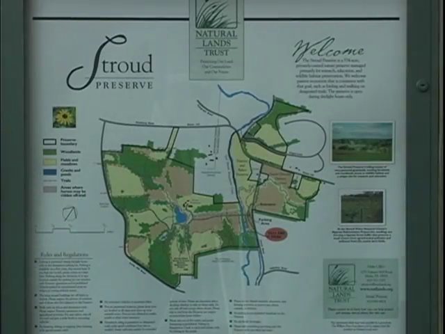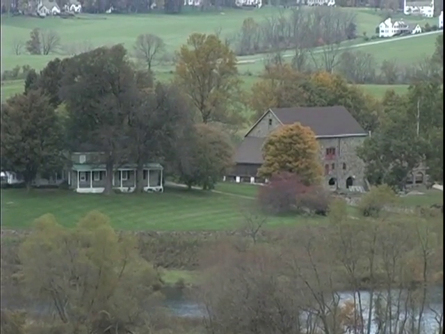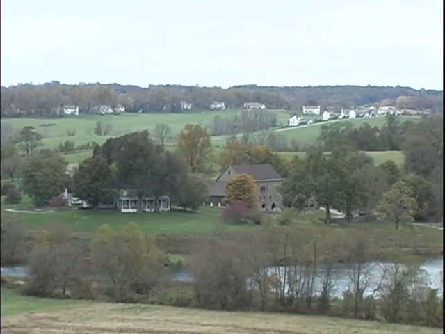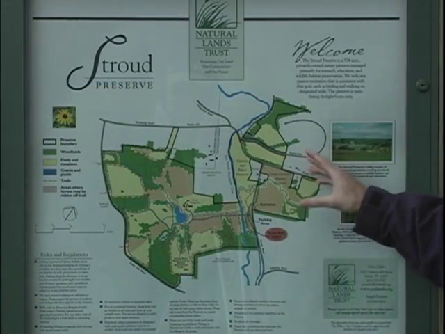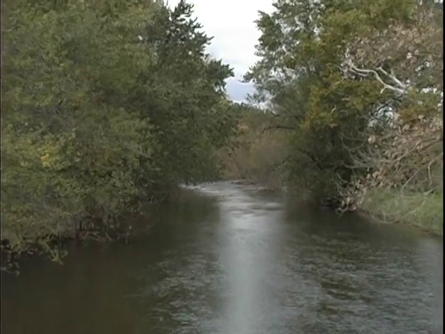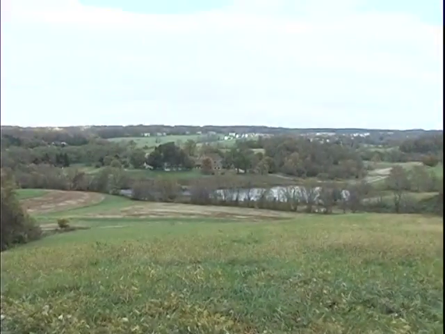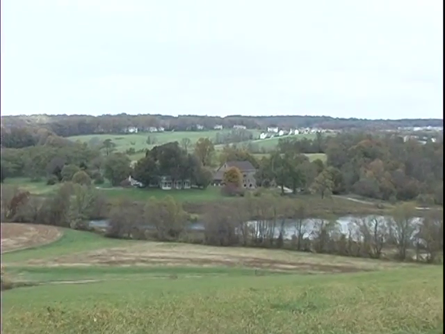The preserve itself is 574 acres, some 300 to 400 of which came from Mr. Stroud, and the remainder came from portions of Mrs. Harney and her heirs' lands adjacent. This is resulting in the protection of a significant stretch of the east branch of the Brandywine Creek, as well as creating a permanent green area between the town of Westchester and the village of Marshallton to the west.